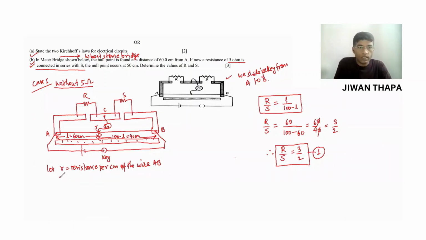So we get this. Okay. R by S equals 3 by 2, and let's call it equation 1. So we have this.